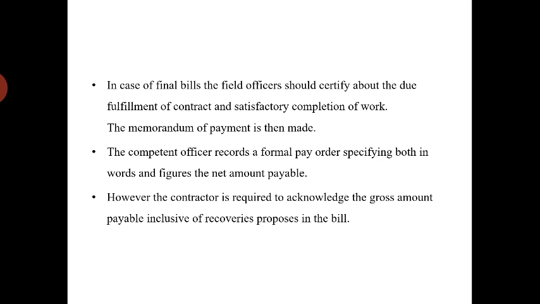Then the authorities will see all those undertakings or recommendations given by the section officer as well as the third party inspectors. Then the final payment will be made to the contractors. This will happen most of the time.